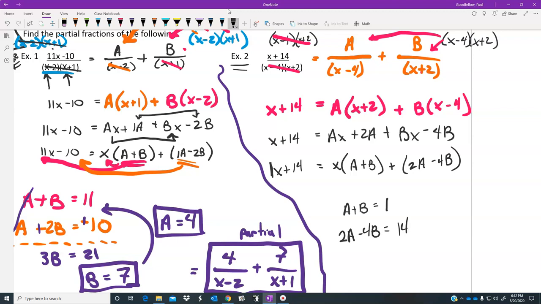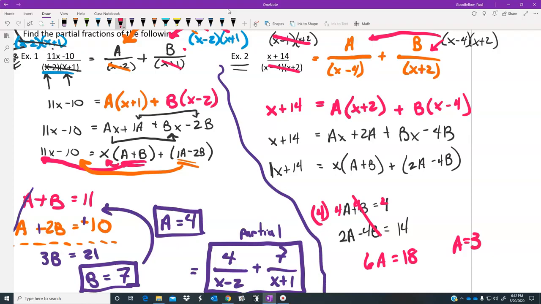And a little solving going on here. If I multiply this bottom equation by, let's say, positive 4, we'll eliminate B's. That would be a 4A and a 4B and a 4, like that. We'd cancel the B's, and we'd end up with 6A is equal to 18, or A is equal to 3.